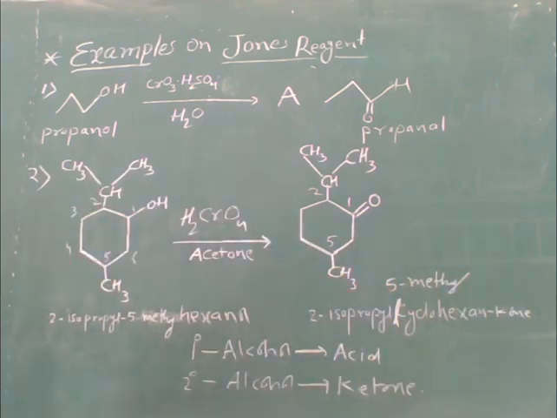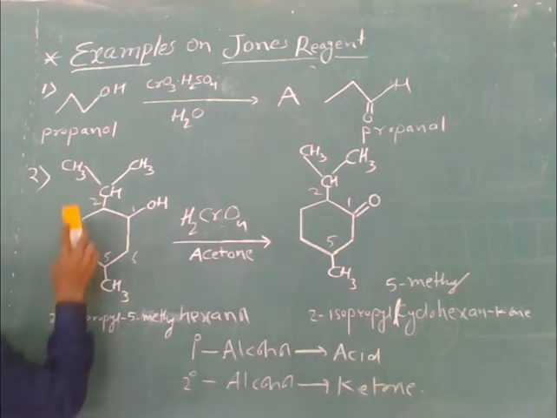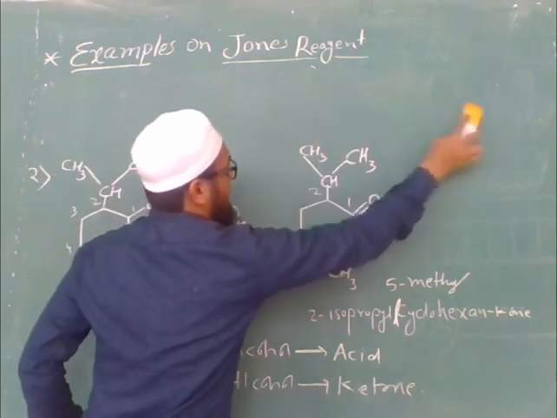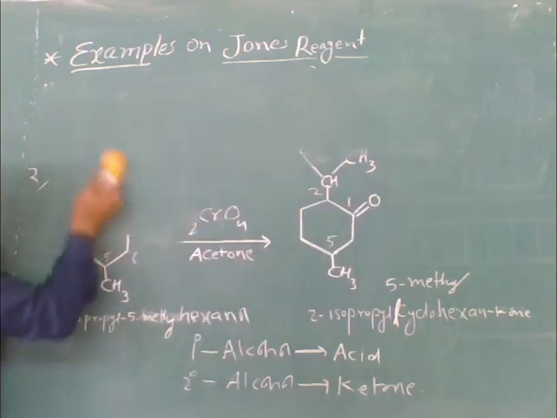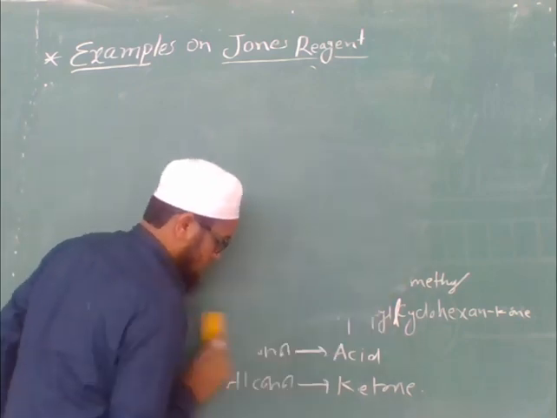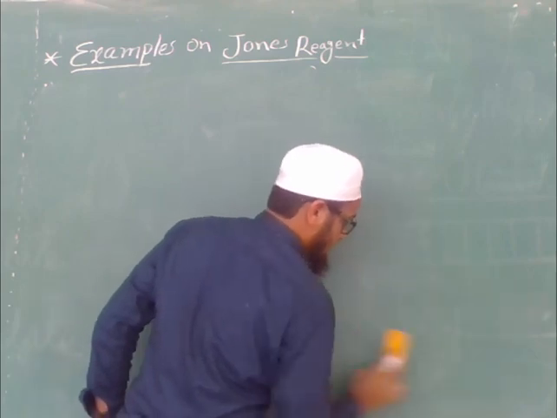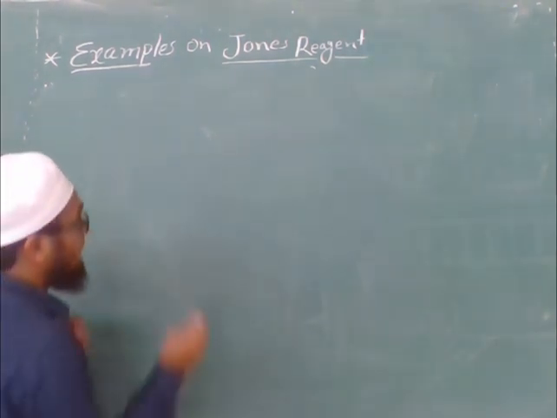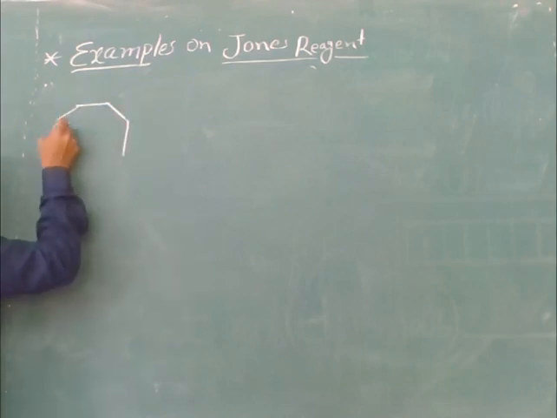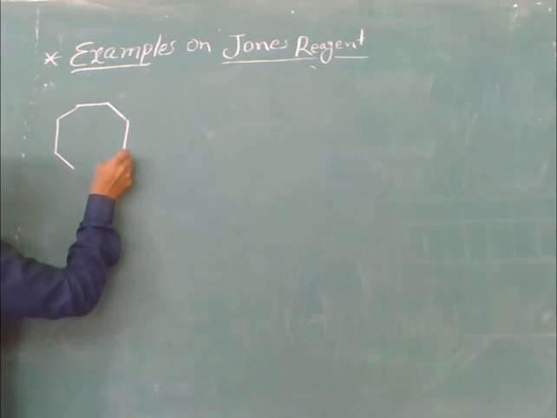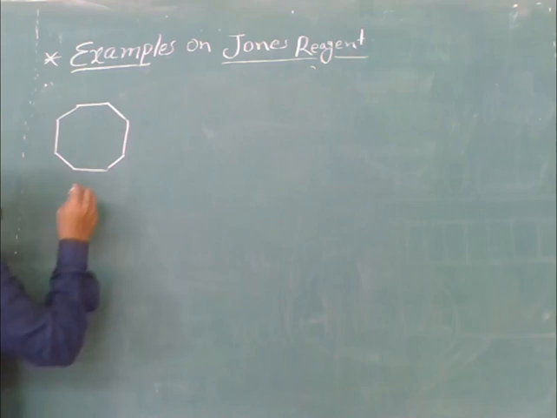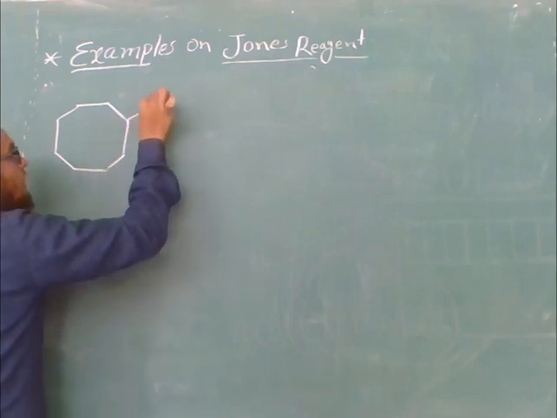Now the second example I have in front of me. I will write it here. So it is an 8-membered cyclic ring. It has an alcoholic group.